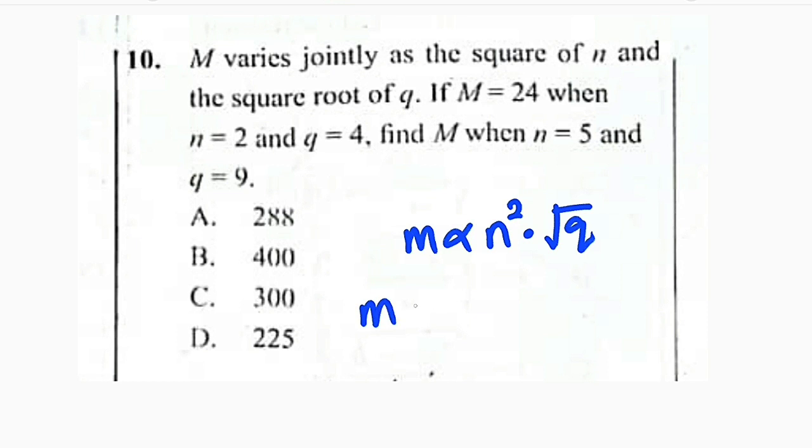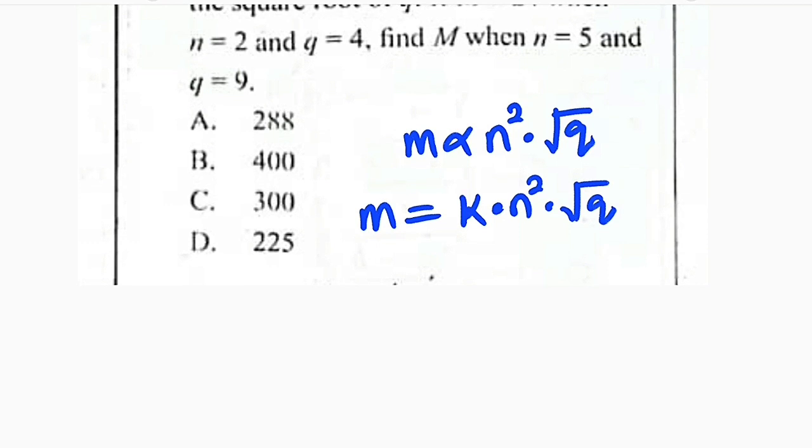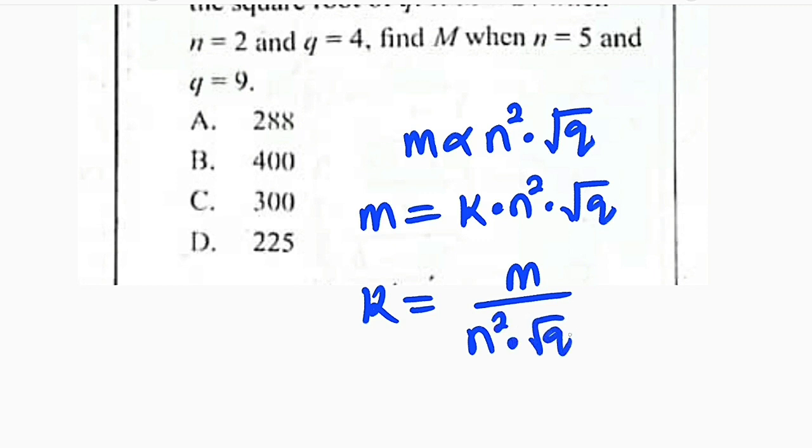So m is equal to a certain constant k multiplied by n squared multiplied by the square root of q. And we have to find this constant. So k is equal to m divided by n squared multiplied by the square root of q.